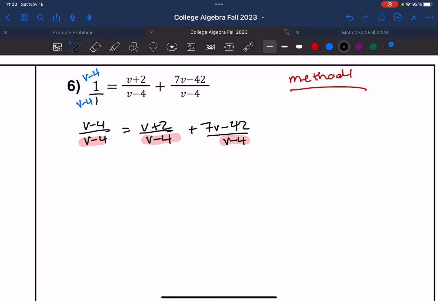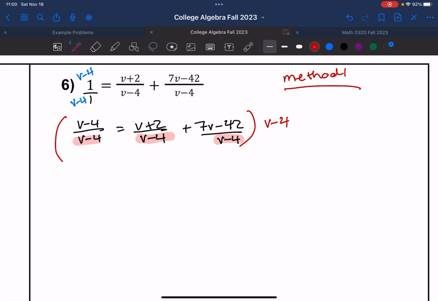Once I have that common denominator, I'm going to multiply the entire equation by that denominator. And what that does is it cancels out all the denominators. So then I'd be left with just the numerators. v minus 4 is equal to v plus 2 plus 7v minus 42. Now I'm just combining like terms and getting v by itself.